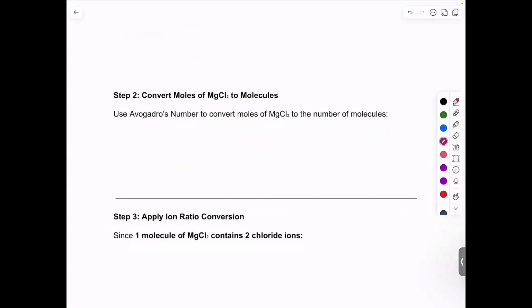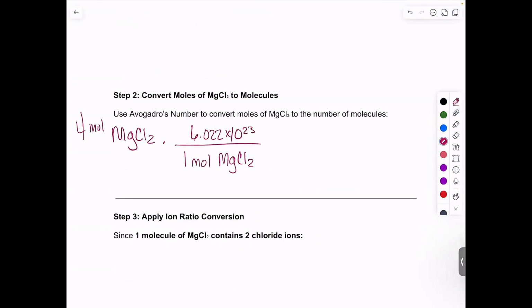Now, our first step would be to take magnesium chloride, and we have 4 moles. Got to add that up front. So for every 1 mole of anything, in this case, we have MgCl2 molecules.